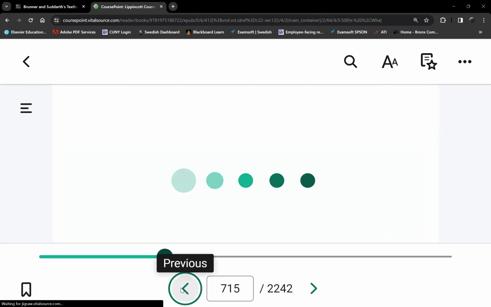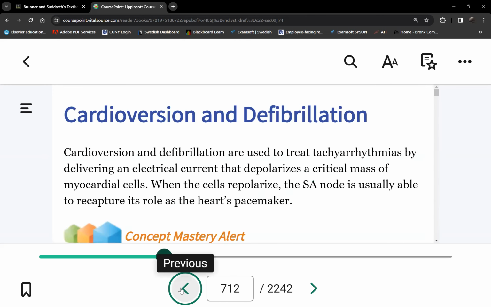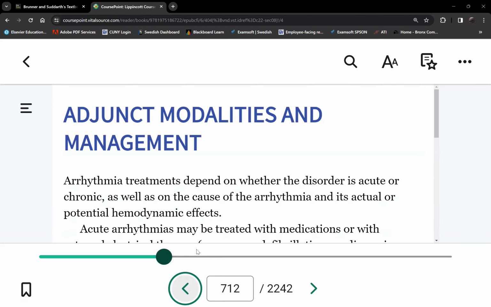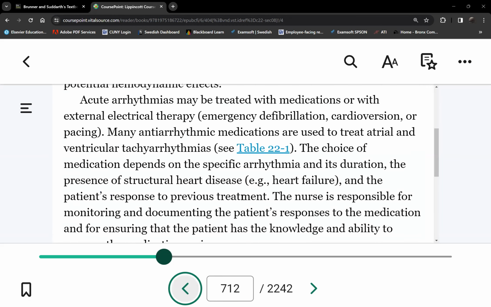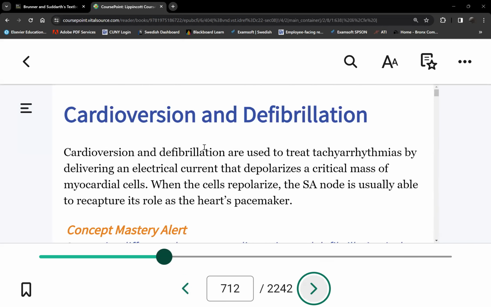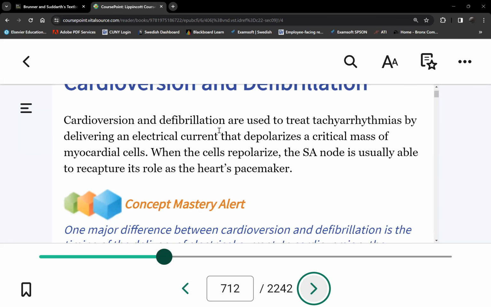Let's review our other treatments. So last week we discussed cardioversion and defibrillation. What's the difference between the two again? Is the equipment different? Same equipment. So what makes one different from the other?